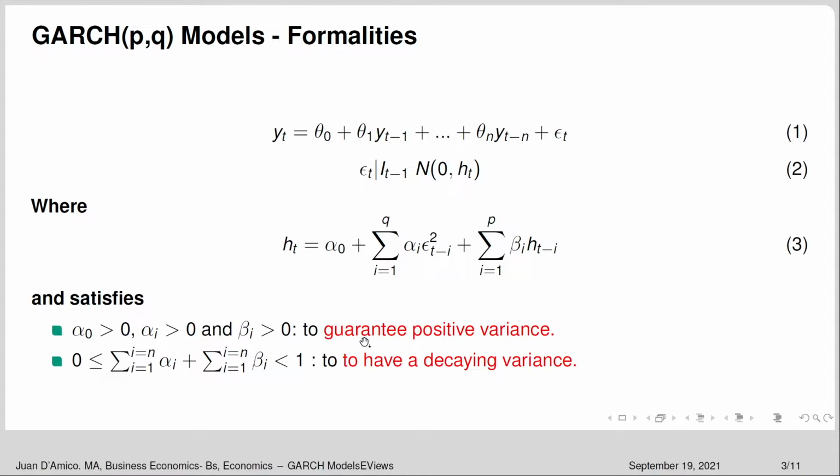The reason for this is to guarantee a positive variance. The next thing that you have to ensure is that when you add the AR terms with the MA terms in the variance equation, the sum has to be smaller than 1, and that is to have a decaying variance over time. So all of the terms have to be positive, and when we add up the ARCH and GARCH terms, it has to be smaller than 1.